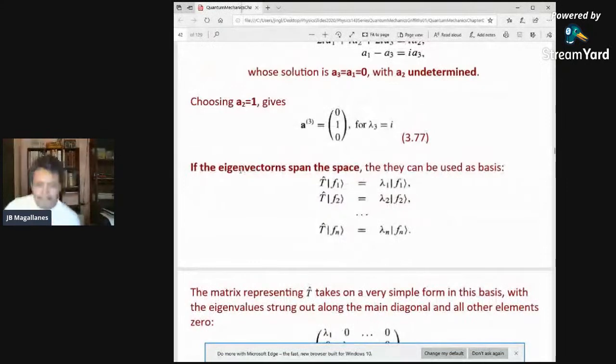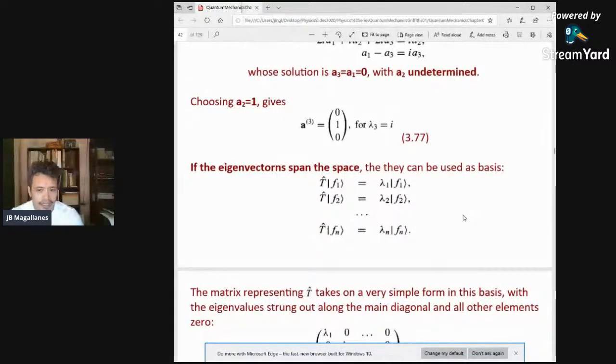There's a note here. If the eigenvectors span the space, they can be used as a basis of the space. So for example, in 3 dimensions, it's not only i, j, k. Of course, i, j, k span the 3-dimensional space, but there are also other vectors that span the space.